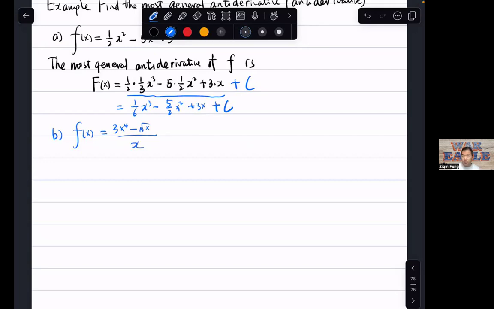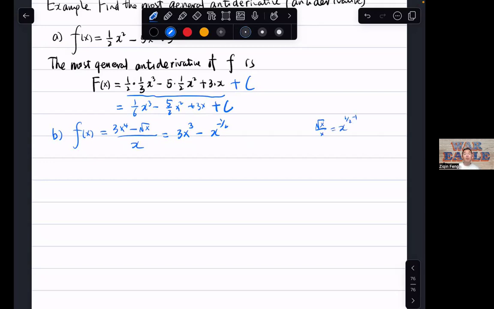We don't have a quotient rule, so we have to simplify this to a difference or sum of elementary functions. This function can be simplified to 3x^3 minus x^(-1/2), because the first term is 3x^4 over x and the second term is root x over x, which is x^(1/2 minus 1), which is x^(-1/2).